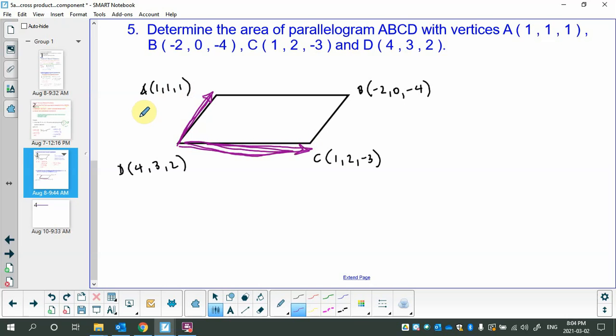So I'm going to call this one vector u, and I'm going to call this one vector v, just for fun and trying to keep it away from the letters on the picture.